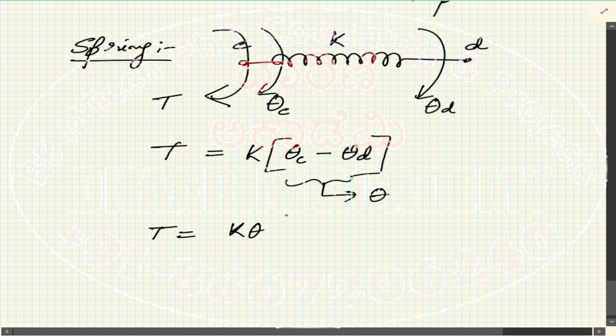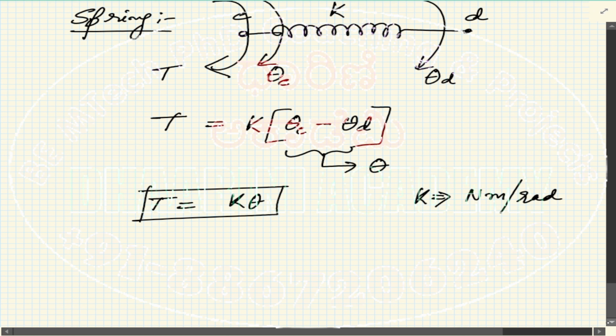The k is measured in Newton meter per radian, since T is in Newton meter and theta is in radians.